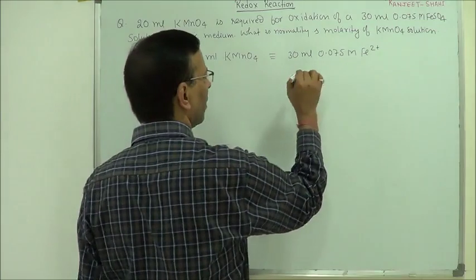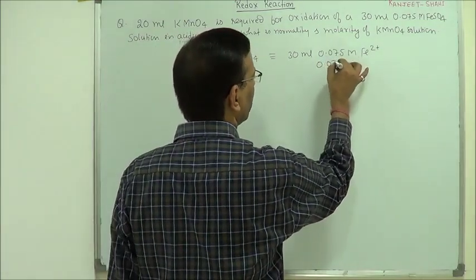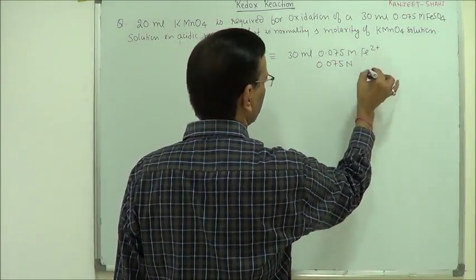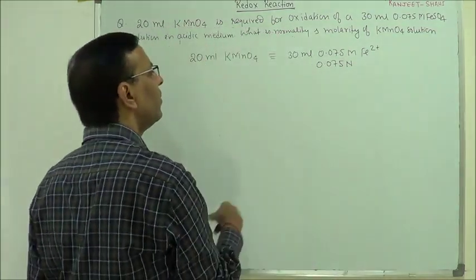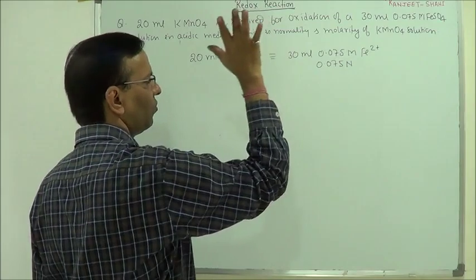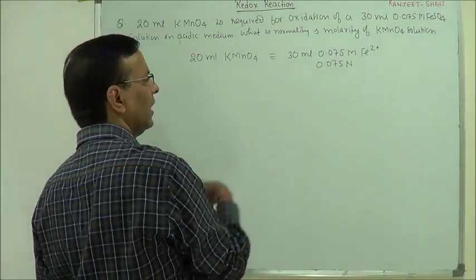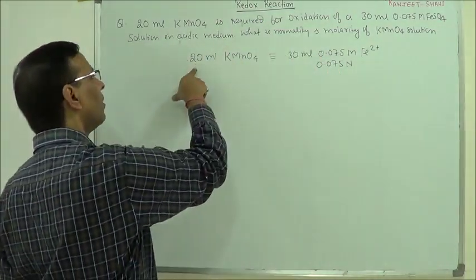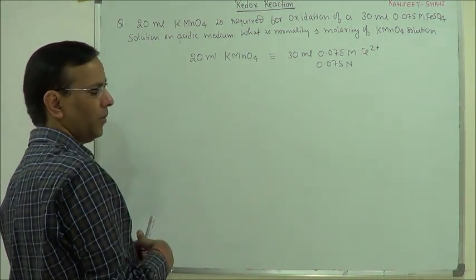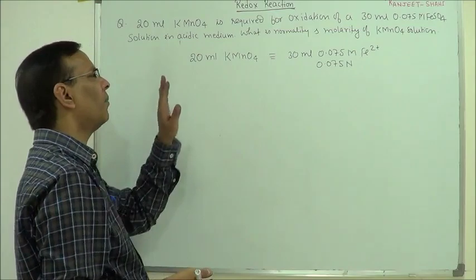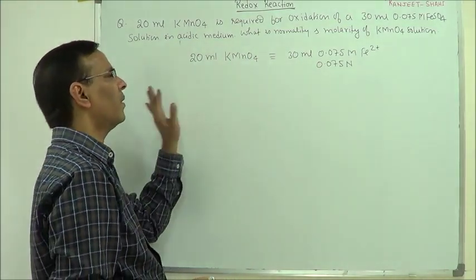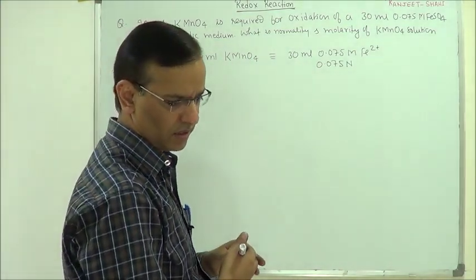So it is 0.075 normal also. If we multiply these two, that gives the milli equivalent of ferrous ion, and that will be the same as the milli equivalent of potassium permanganate, because the same number of gram equivalent of ferrous sulfate and potassium permanganate will react.